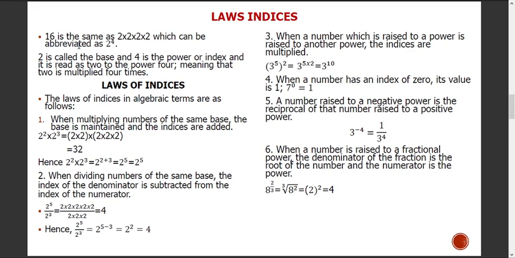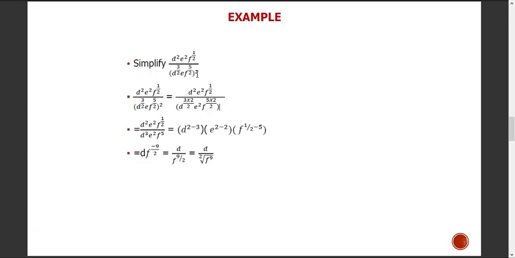So the first step is to always collect like terms, and then we first work out brackets. This is the same as if we first open our bracket on the denominator, because we see the denominator has a power, the square. So each term in the denominator is going to be multiplied by 2, or the power is going to be multiplied by 2, or each term is going to be squared.